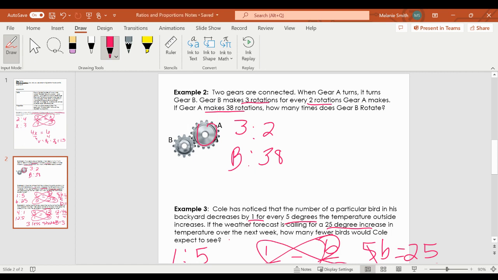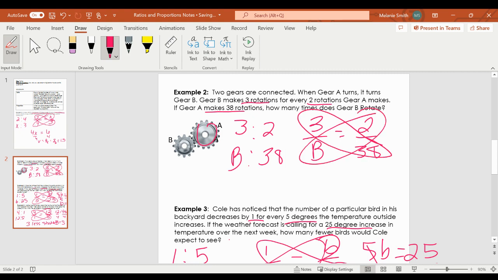All right, so I'm going to set up a ratio here. 3 over B equals 2 over 38. And then I cross multiply, and I get 2B equals 3 times 38, which is going to be 114.